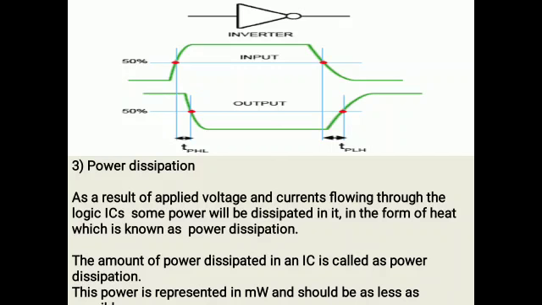The amount of power dissipated in the IC is called power dissipation. It is represented in milliwatts and should be as low as possible. The more power is dissipated, the more it will get heated and then it will get damaged. So there should be a maximum limit of power dissipation, above which the IC will get damaged.